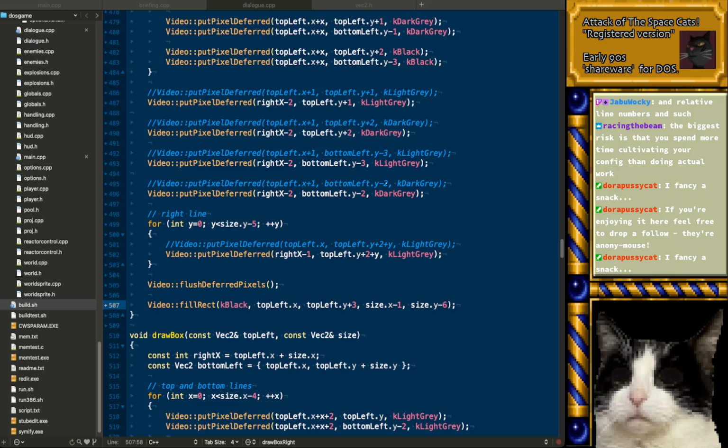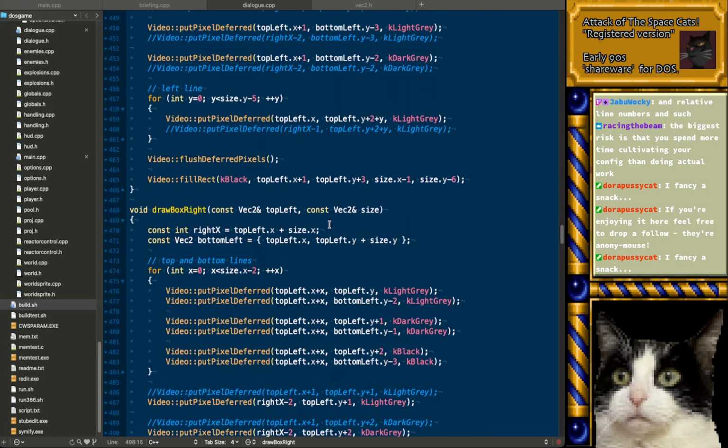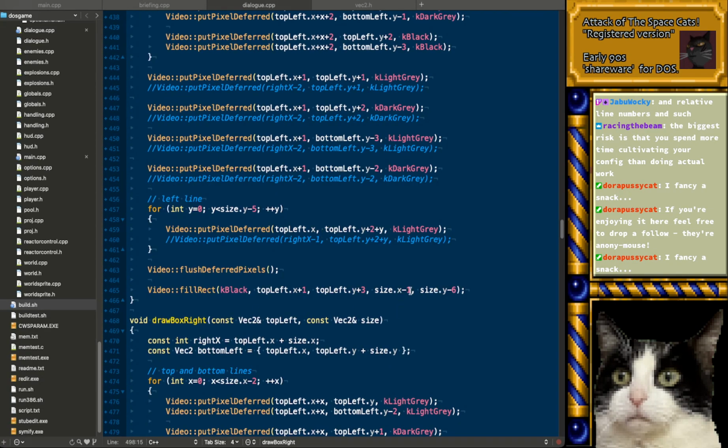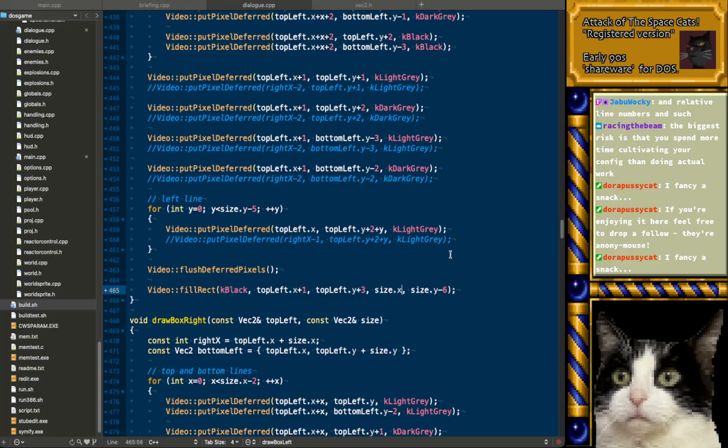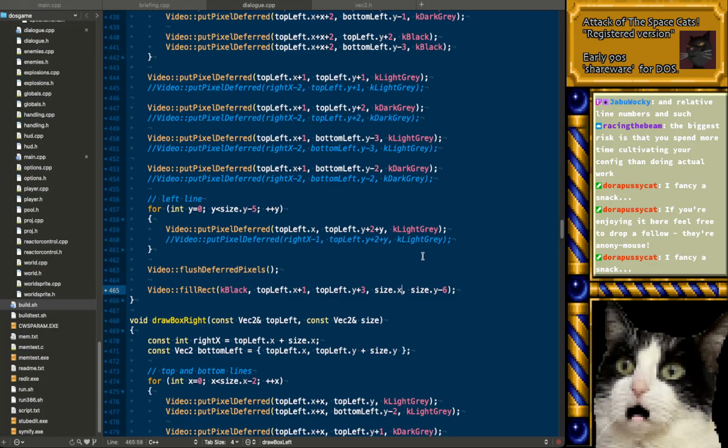So, yeah, the size of the left-hand one needs to be 1 pixel wider. That's strange. That kind of implies that the right-hand side one isn't drawing in the right place.